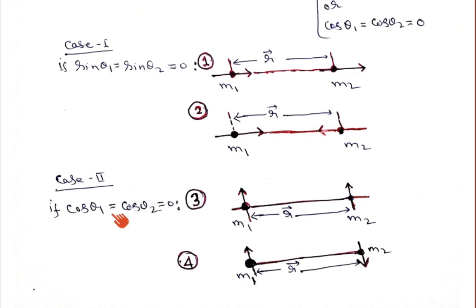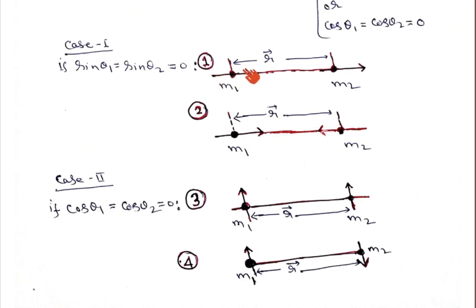That means cos theta 1 equal to 0 means theta 1 is equal to pi by 2, and cos theta 2 is equal to 0, that means theta 2 is equal to pi by 2. So it means both dipoles are aligned perpendicular to each other, with respect to the line joining them.